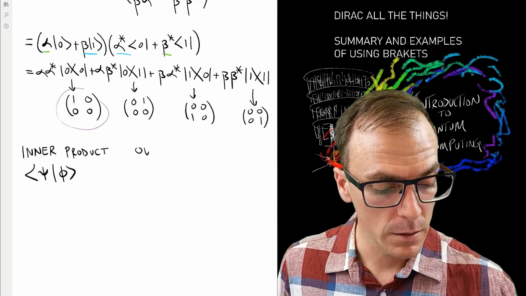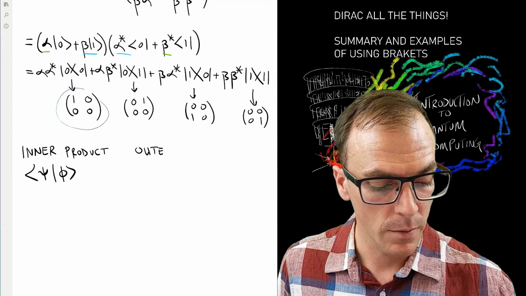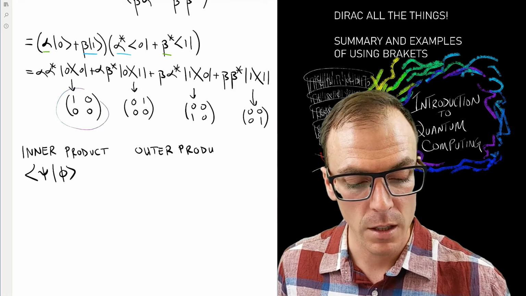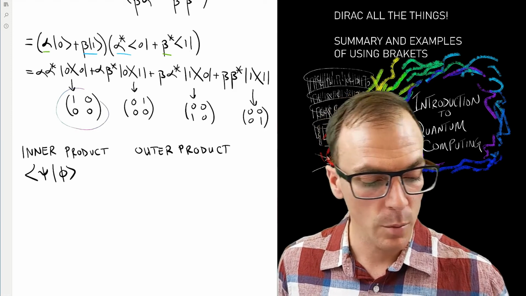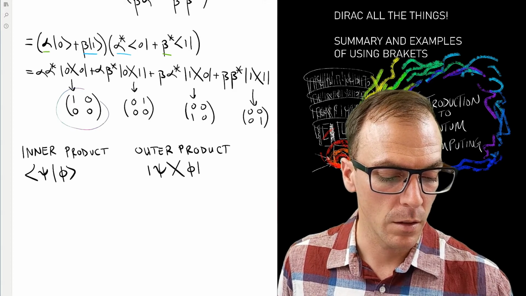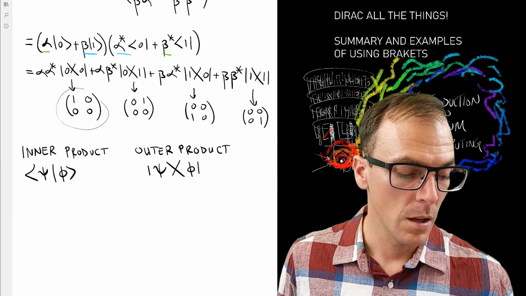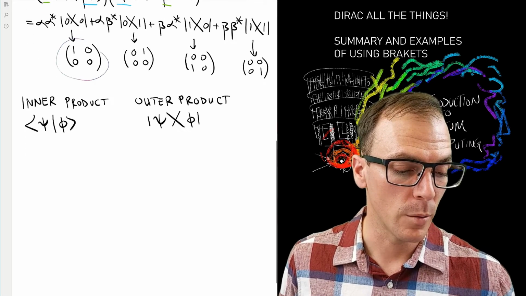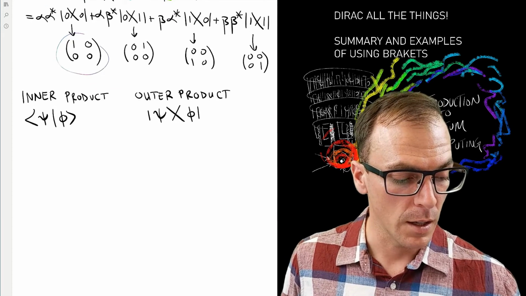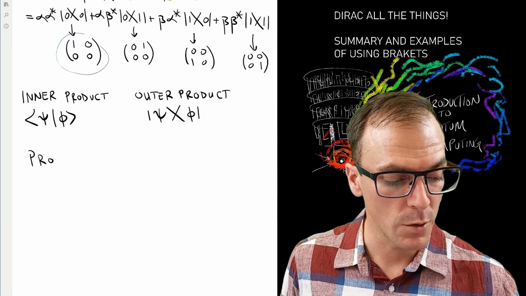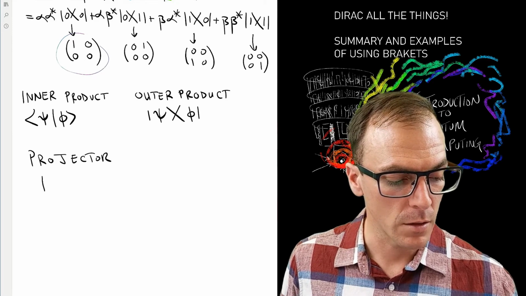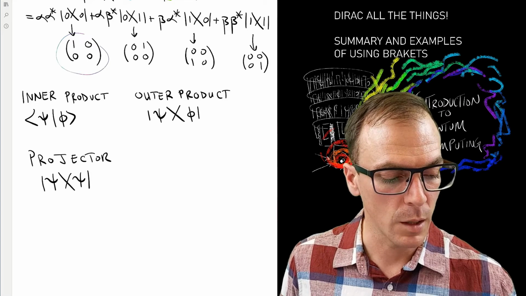And this other one is given the name, unimaginatively, the outer product, and that's when I do the opposite. And a very special outer product is when the 2 labels are the same, as we saw above there, and that's called a projector. And so that's when we have an outer product where the labels are the same.